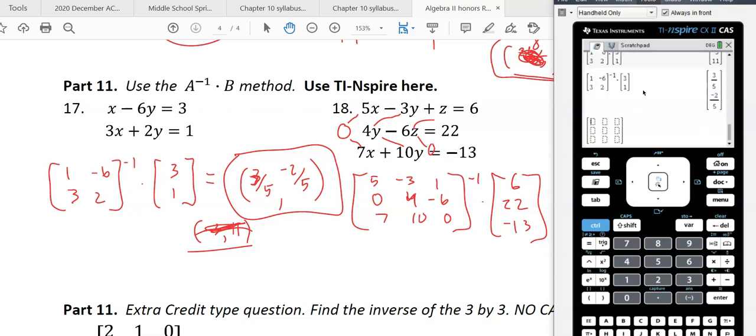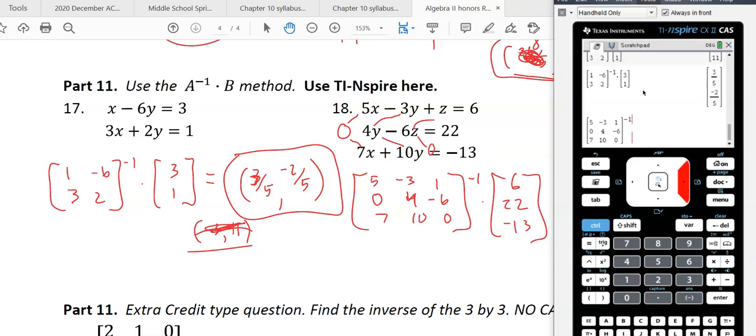So let's do 3 by 3. Sometimes I'm so concerned about typing everything in correctly, you forget to do the inverse of it, right? That's how this method works. So it's a good idea, I don't know if you caught that, to check your answers.